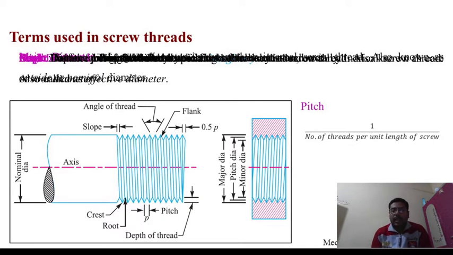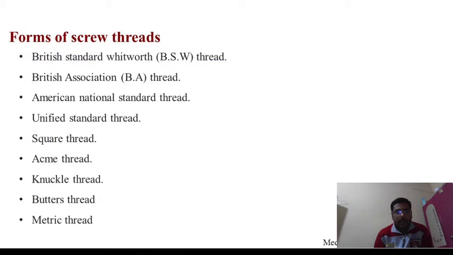These are all the main terms used in screw fasteners or screw threads. We are explaining the previous slide.